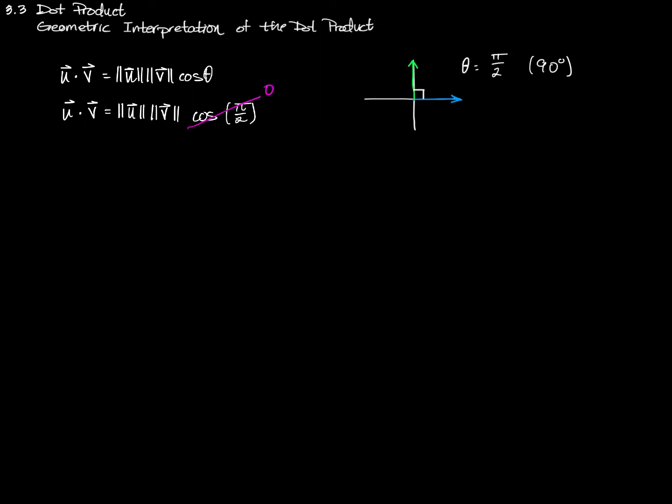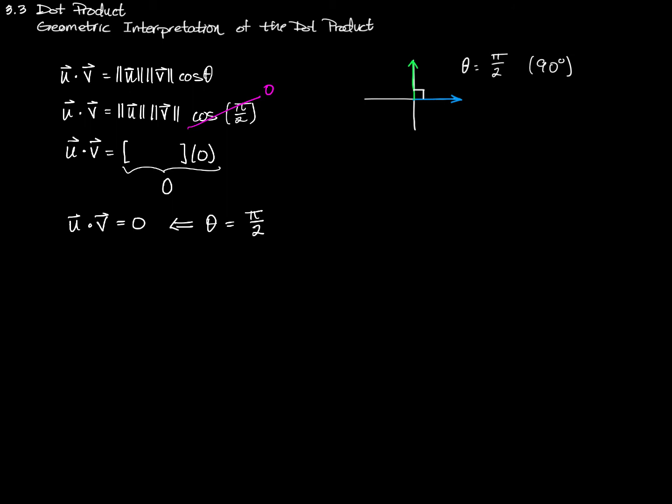So that would give us that U dotted with V is equal to some magnitudes that we may or may not know times 0. And this whole right-hand side here is going to be 0. So U dotted with V equals 0 happens when theta is pi over 2.